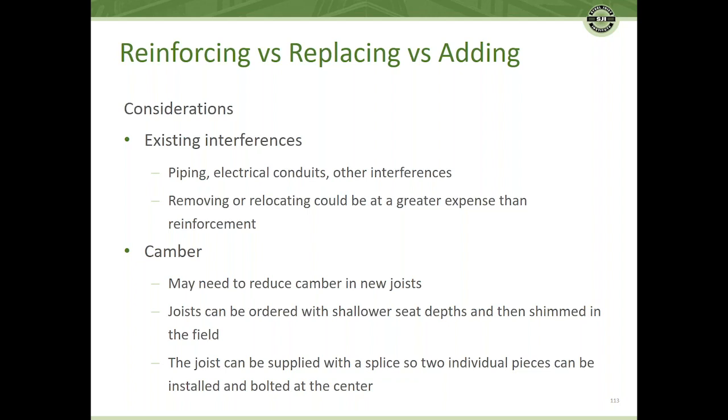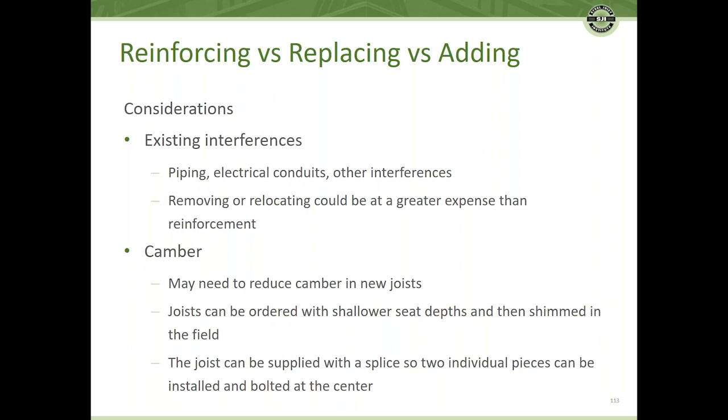Camber is also something that we need to typically be aware of. The joists are typically built with camber built in, and so if we're adding a new joist, we may need to provide less camber in the new joist because the existing joists are going to be deflected, and if we provided the standard camber, that may not work in that situation.